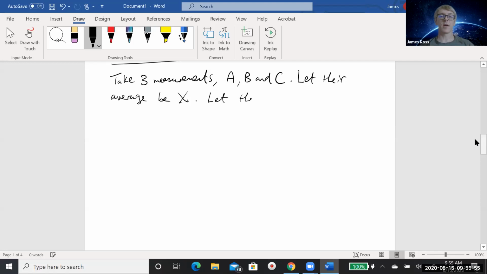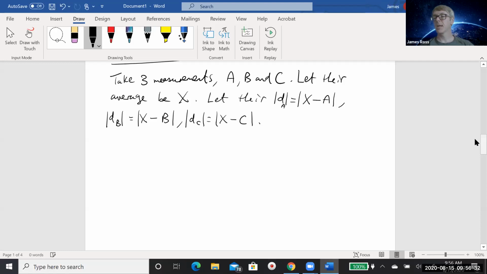So let the absolute deviation, for example, of A equal the average X minus A, or the absolute difference between the mean and A. Let the absolute deviation of B equal the absolute difference between the average and B. And let the absolute deviation of C equal the absolute difference between the average and C.